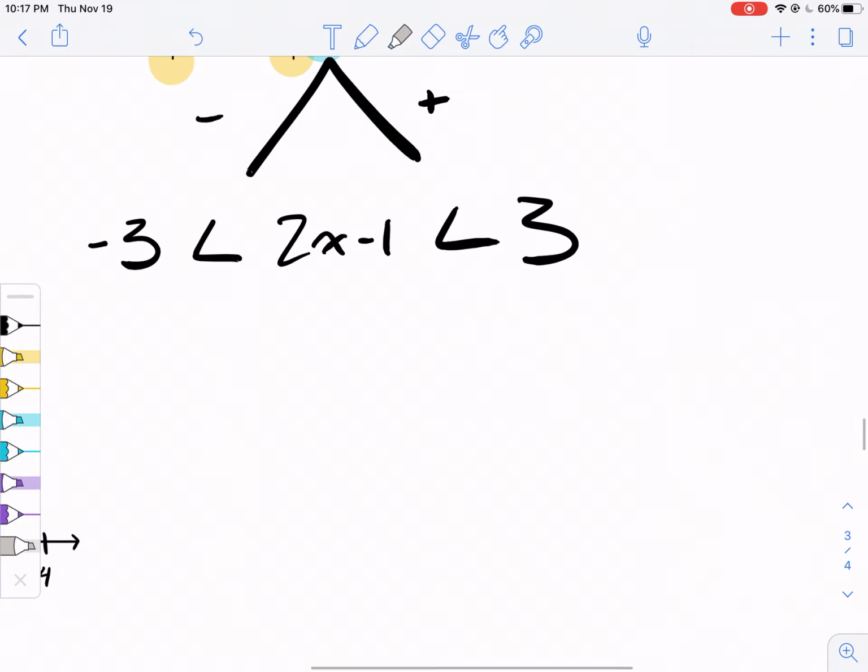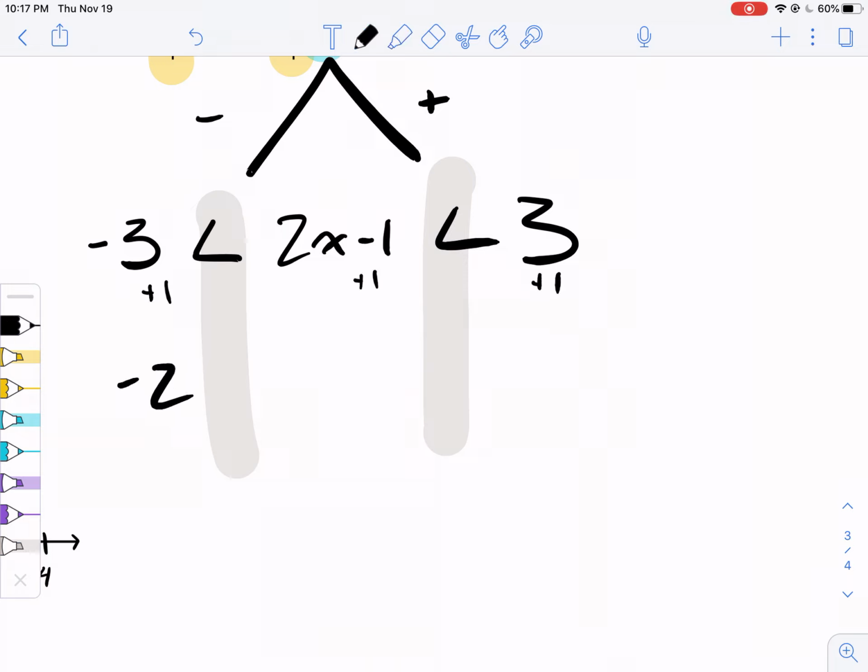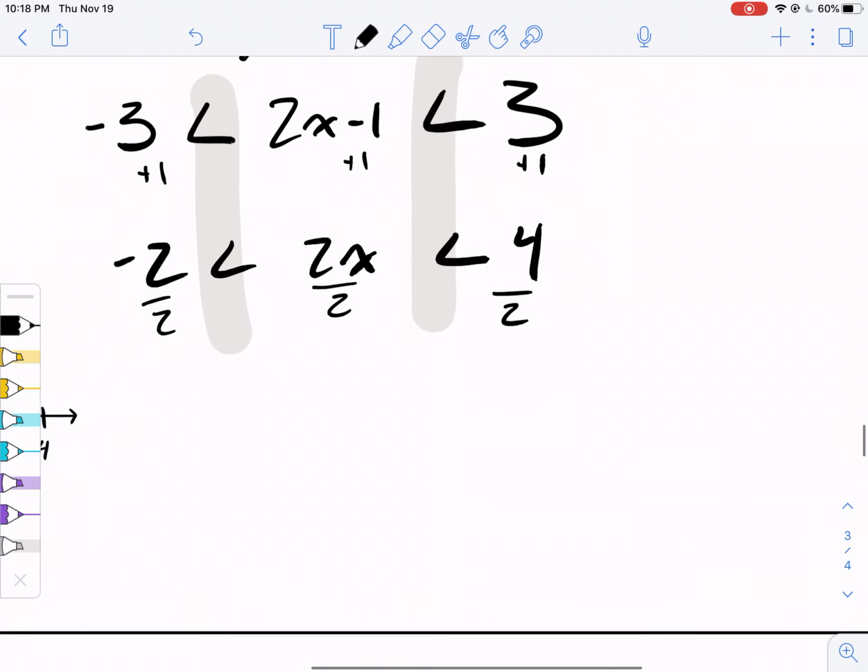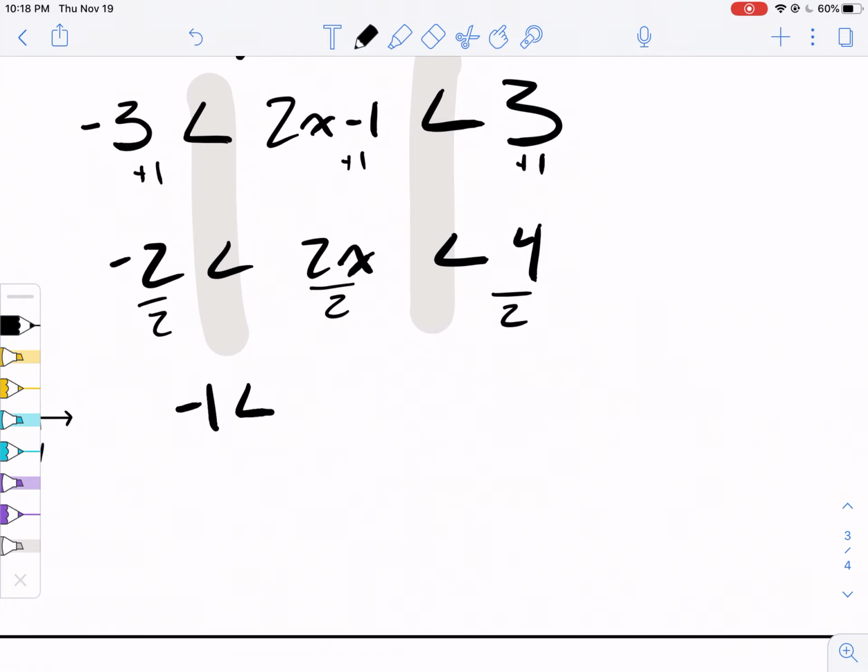Now let's solve this awesome guy by adding 1 to all sides. So we have negative 2 is less than 2x is less than 4. And then we divide by 2 on both sides. By both, I mean all three sides. Giving us negative 1 is less than x is less than 2.